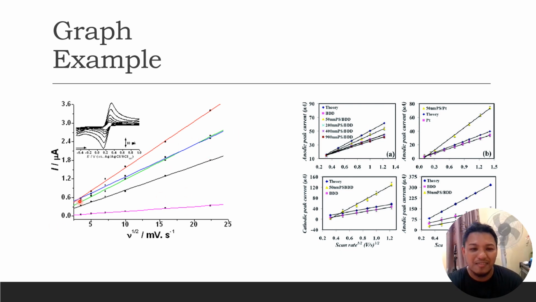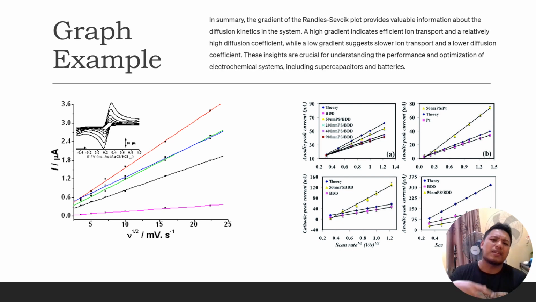From this graph, which one is good? The good one is here, the red color, because red produces the bigger gradient. The bigger the gradient means the bigger the D value, and the bigger the D value means the faster the ion transport. The same goes for the rest. So in summary, the gradient of the Randles-Sevcik plot provides valuable information about the diffusion kinetics in the system.